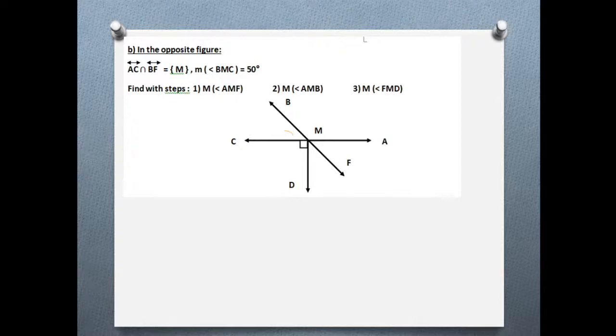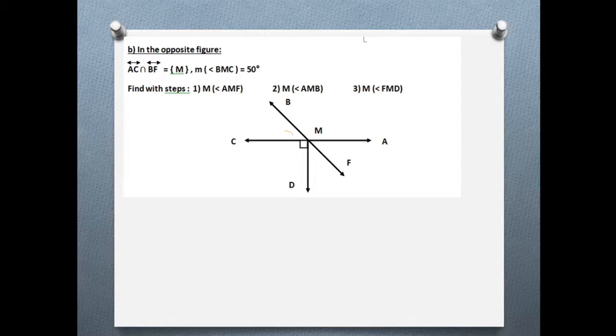Last example. In the opposite figure, we have two straight lines intersecting at point M. AC intersects BF at M. Measure of angle BMC equals 50 degrees. Find with the steps measure of angle AMF, measure of angle AMB, measure of angle FMD. If we have two straight lines intersecting at one point, you can find two vertically opposite angles.